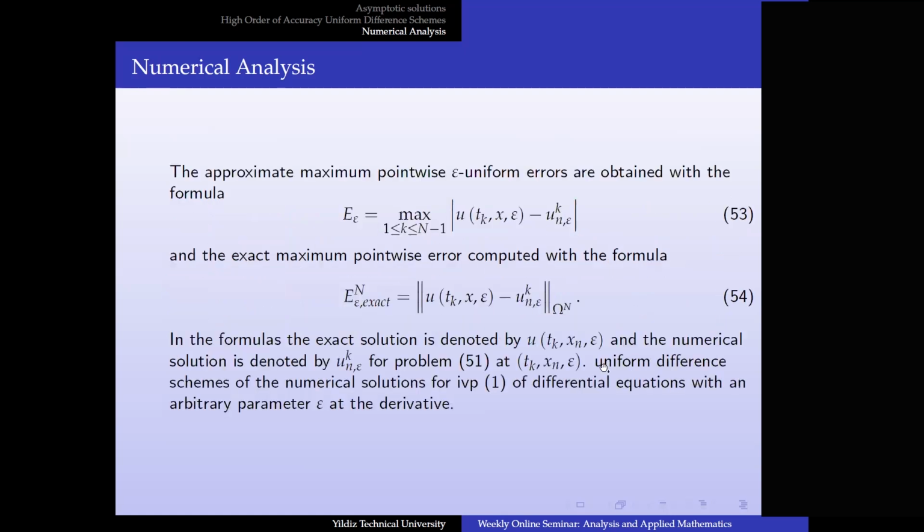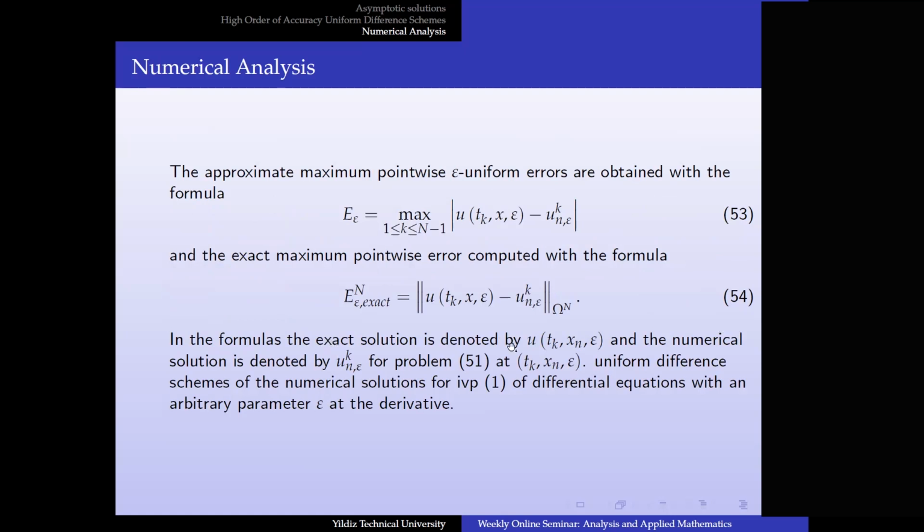of the following formulas for the maximum point-wise epsilon uniform errors with 53, and then exact maximum point-wise errors computed with the formula 54.